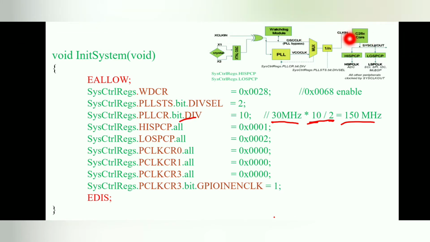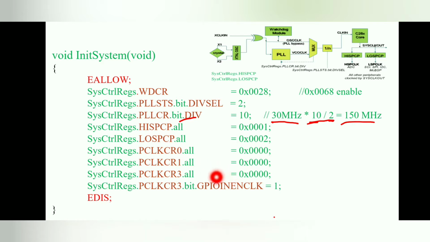And further you can see here we have two system control registers: the high speed clock prescaler and the low speed clock prescaler. The high speed clock prescaler is given to the ADC, and any other peripheral is clocked by the system clock output. By default, if you are not using that, it will be 2. And one more thing we need to notice here is the other peripheral clock.